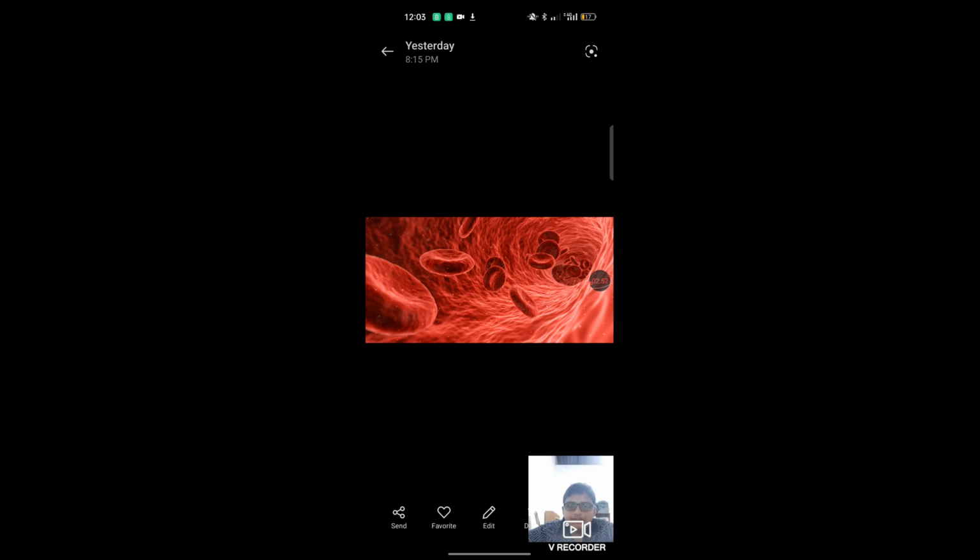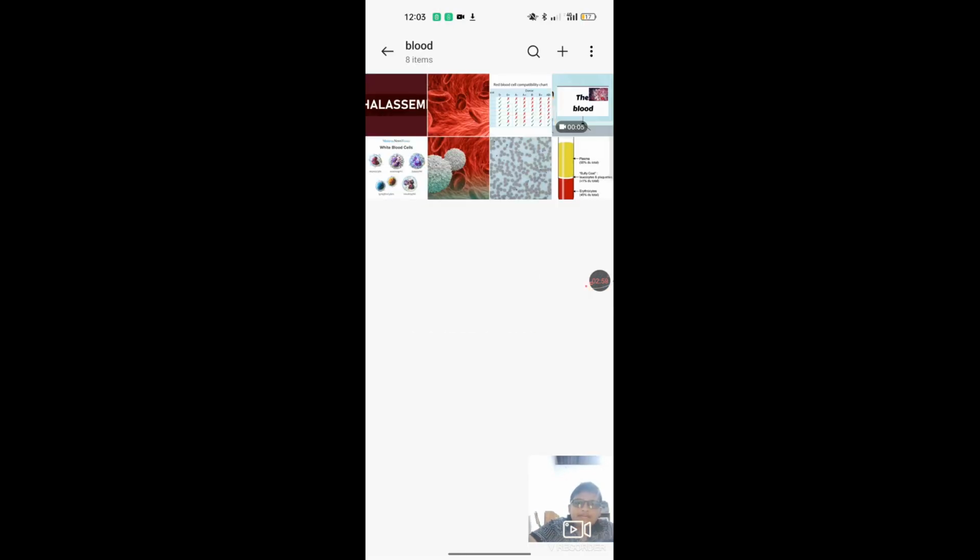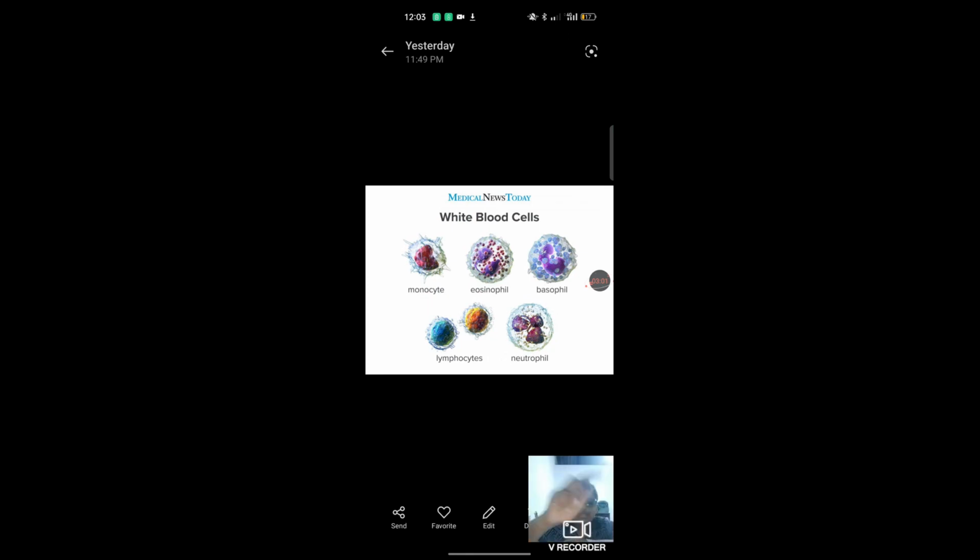If we talk about the white blood cells, there are 5 types of white blood cells in our body. You can see monocyte, eosinophil, basophil, lymphocytes, and neutrophil. Those are the 5 white blood cells.